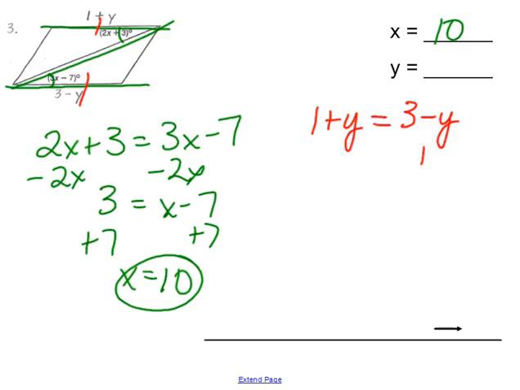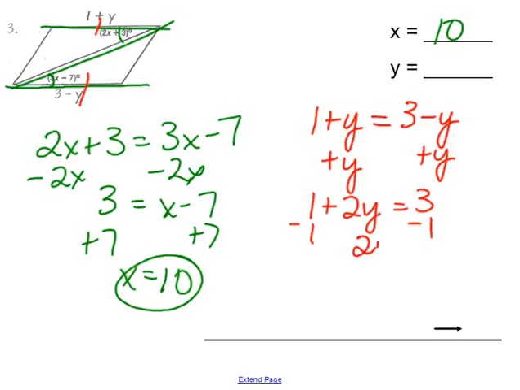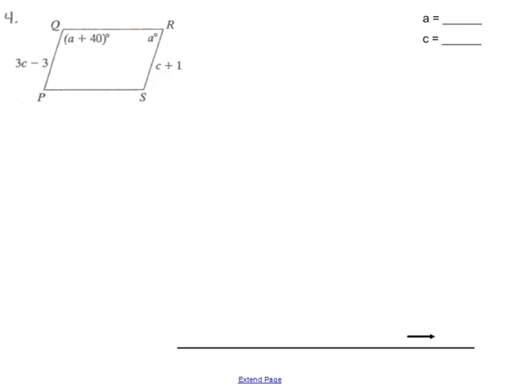I'm going to add y here. I'm going to add y here. And we're going to get 1 plus 2y equals 3. Take away 1, take away 1. 2y equals 2. Then y equals 1. Okay. Let's move on.